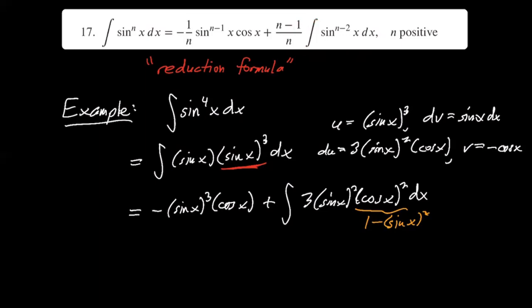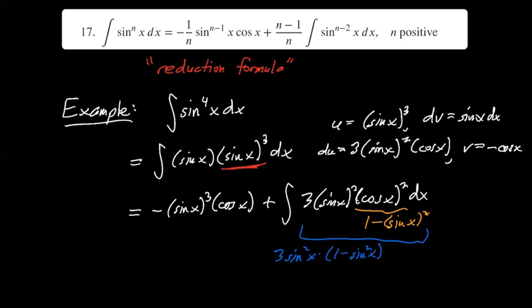And so what are we going to get? Well, let me just write out what the inside becomes. So the inside, this whole thing becomes, maybe I'll start writing the 2's there, sine squared x times 1 minus sine squared x.